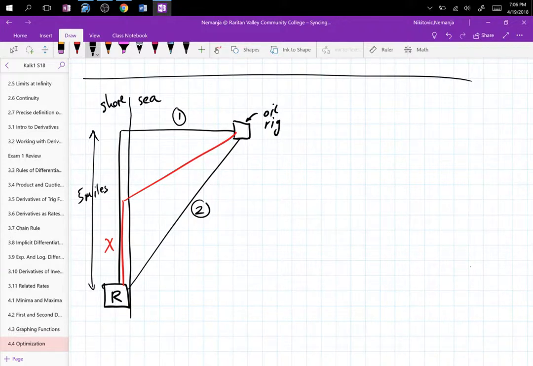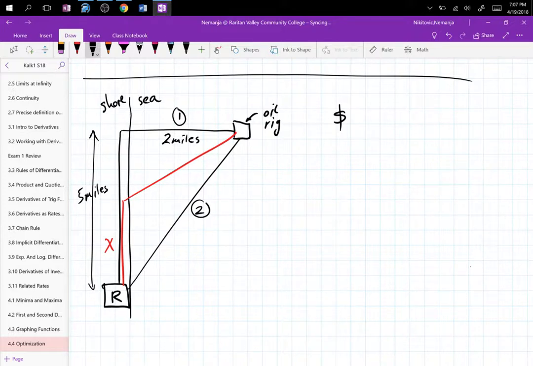And let's say that this distance over here is 2 miles. Now let's say those are the distances. Pick anything. What would be the price of pipe above ground? Right? What would be the price? Let's set something like per mile.